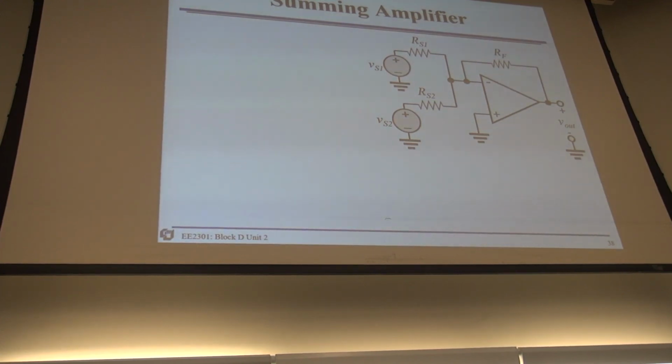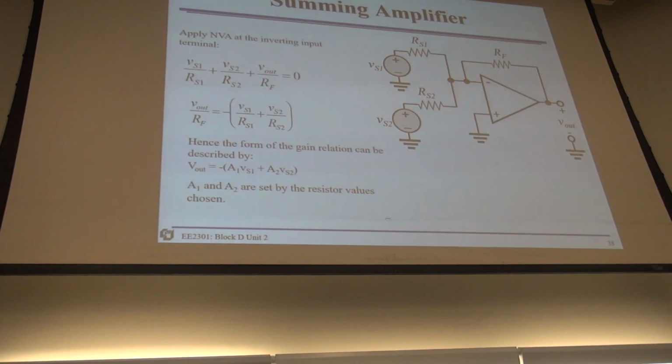Why? Listen carefully. First of all, we have ground in here. So this is virtual ground. Then we apply KCL. So this is basically the same thing as non-inverting amplification.